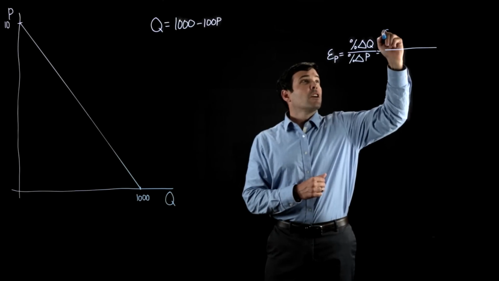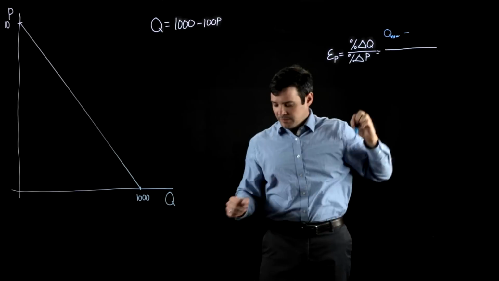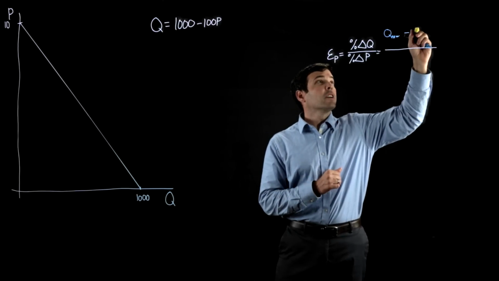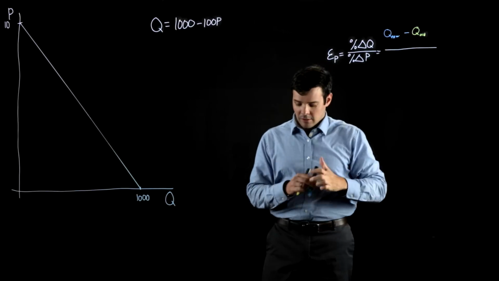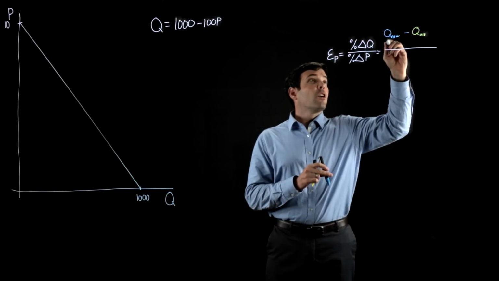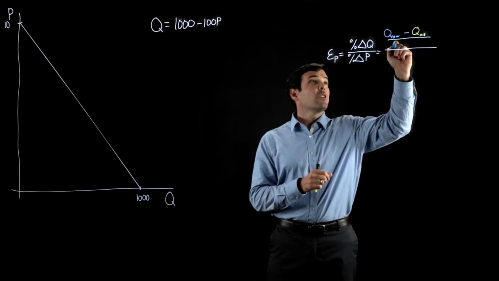as the new quantity minus the old quantity over the average of the new quantity and the old quantity.